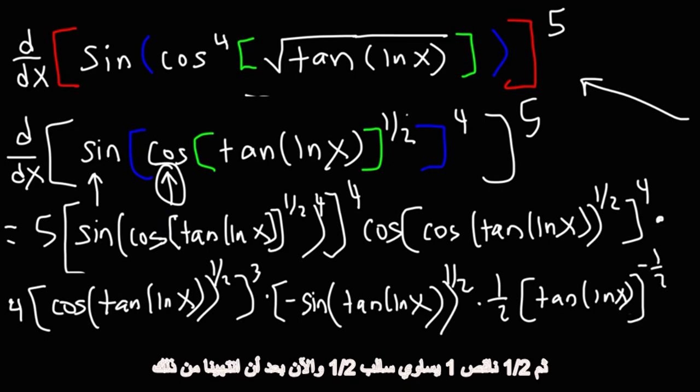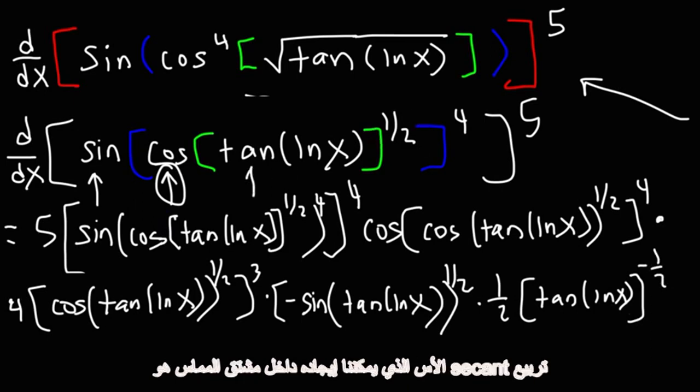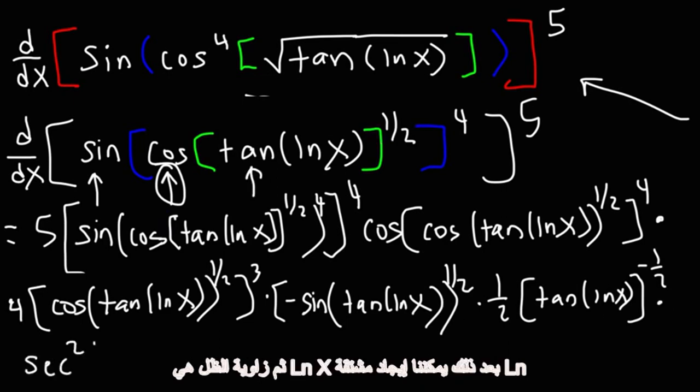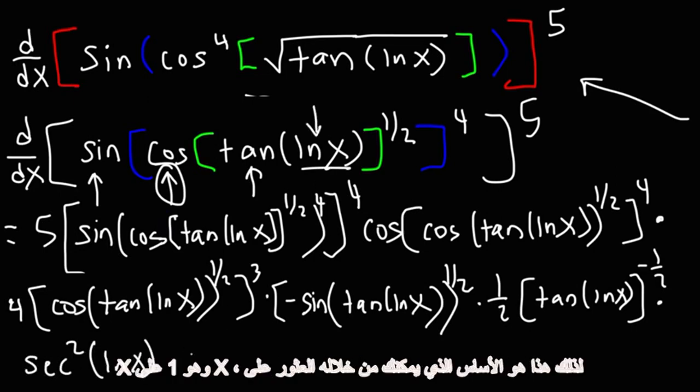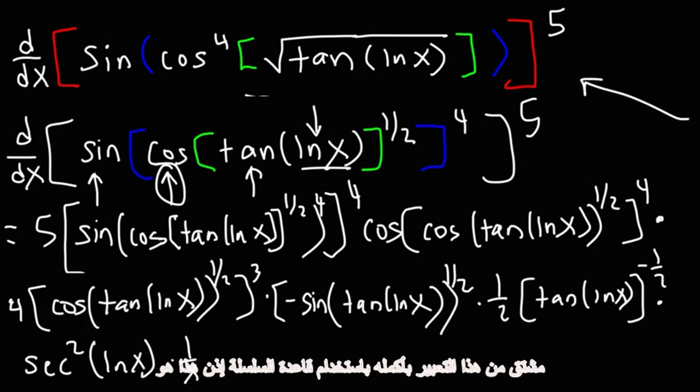So now that we are through with that exponent, we can work our way inside. The derivative of tangent is secant squared, and then the angle of tangent is ln x. Next, we could find the derivative of ln x, which is 1 over x. So that's basically it. That's how you could find the derivative of this entire expression using the chain rule.